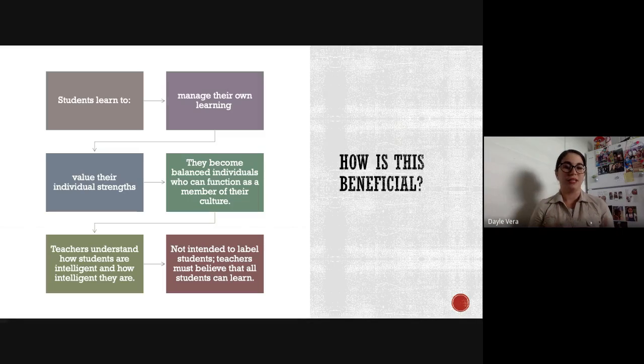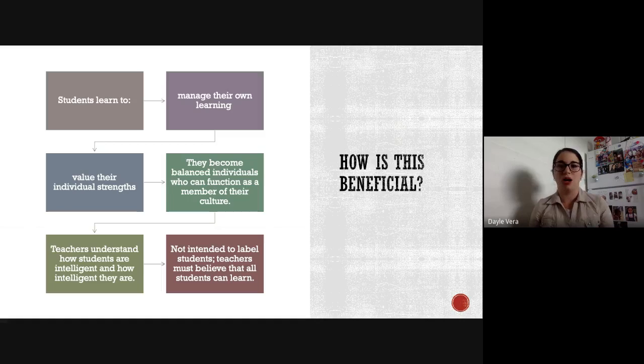Now, teachers understand how students are intelligent and how intelligent they are. So this is very important because, like I have mentioned before, just because a student does not score good in math does not mean that he's not going to score good in English. So it helps us teachers understand that these students are able to learn.